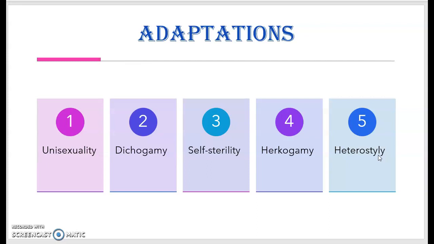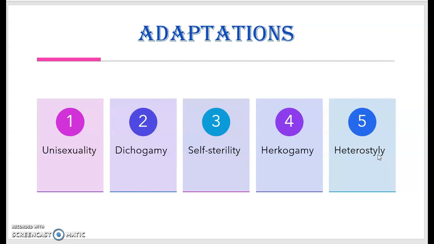So, imagine that if the style is too long, then the filament would be so small that the anther can never reach the stigma. The pollen can never reach the stigma.